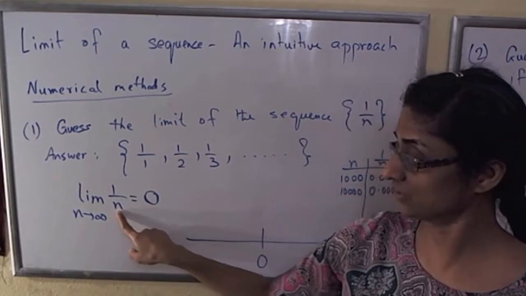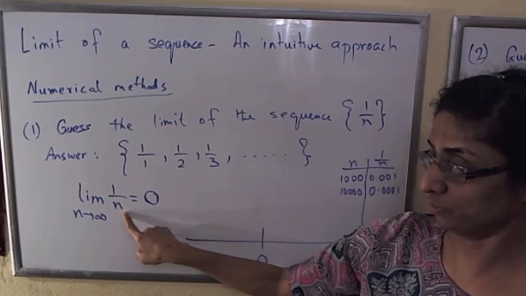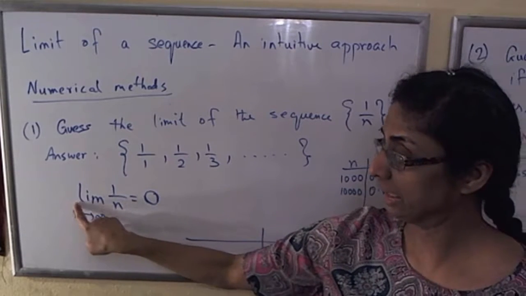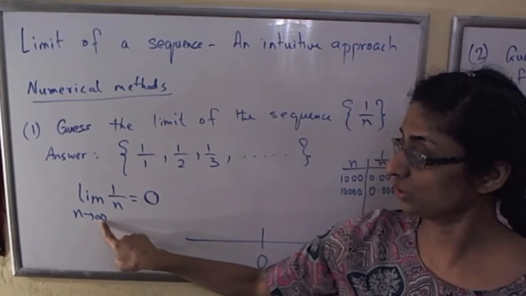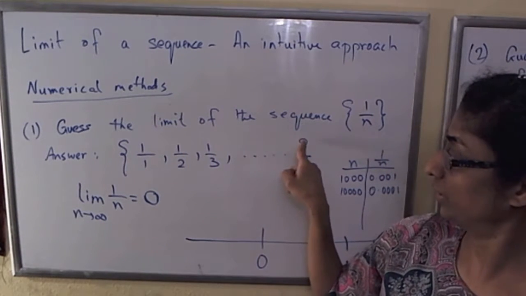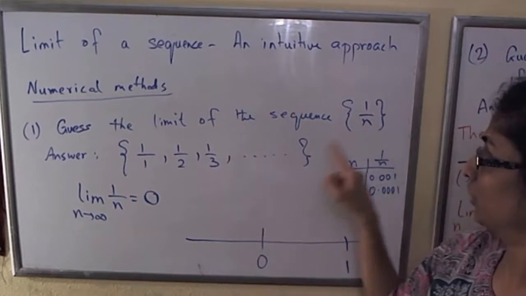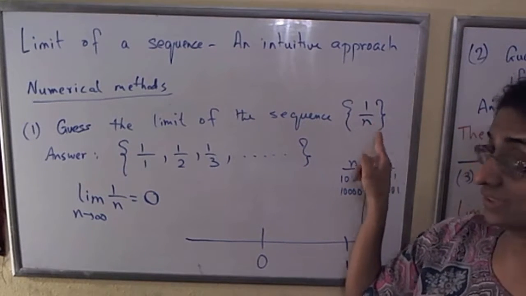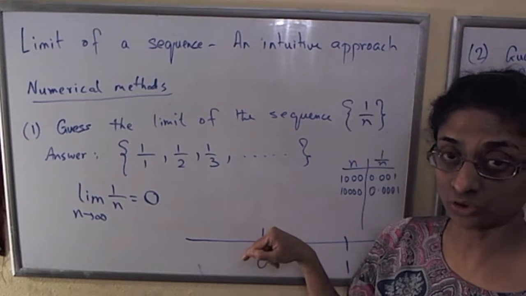This is the sequence. This is in fact the formula for the nth term of the sequence, 1 over n. LIM stands for limit, and we write n goes to infinity because, look at this, in the sequence we have, and this is an infinite sequence, because remember we thought of sequences as functions where the domain is the set of natural numbers.